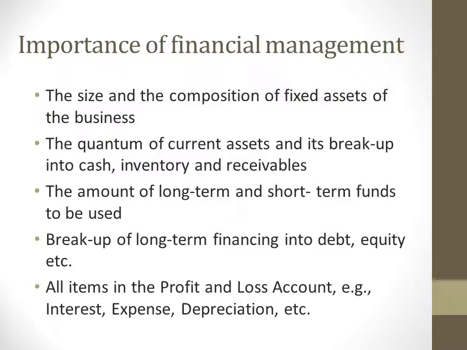If we think about the liability side, then there are long term sources and short term sources. Long term sources may be debt and equity, and even here you have to decide how much will be arranged from debt and how much from equity.